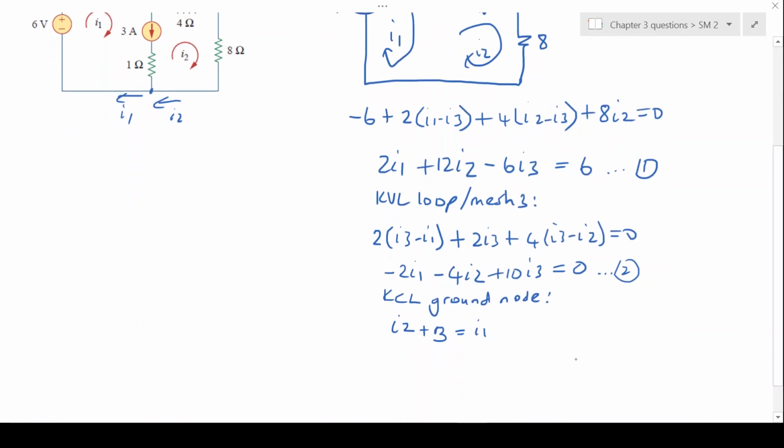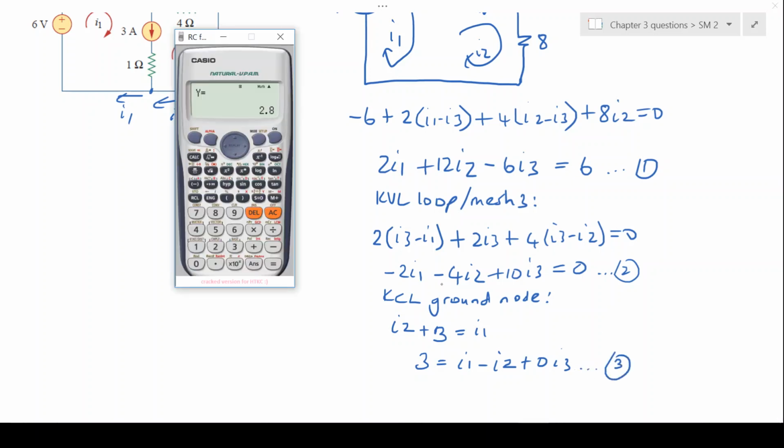We can simplify this by saying that 3 is equal to I1 minus I2, and this will be our third equation. Since the equation has 3 unknowns, we can also standardize this one and say plus 0 I3. And this will be our third equation.